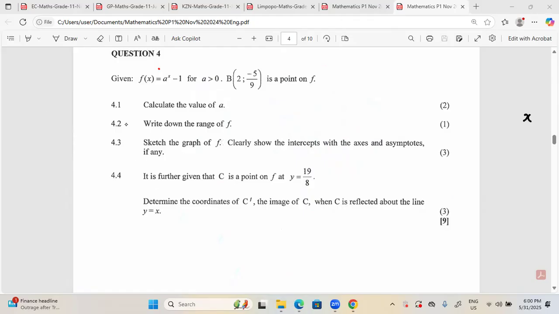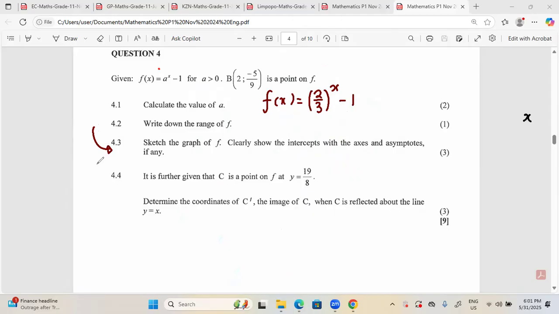It means our function f of x is now equal to 2 over 3 to the exponent x minus 1. I want to answer 4.3 first because they say sketch the graph of g.